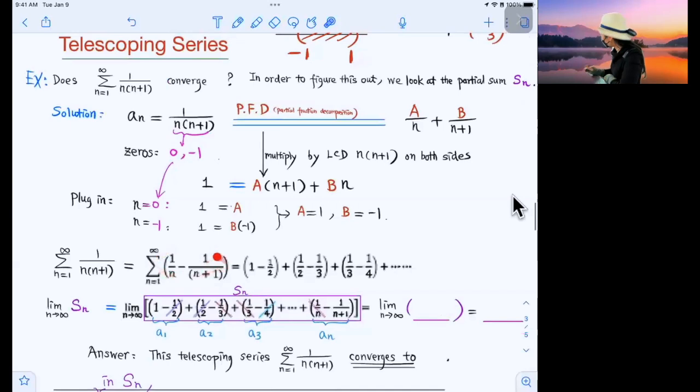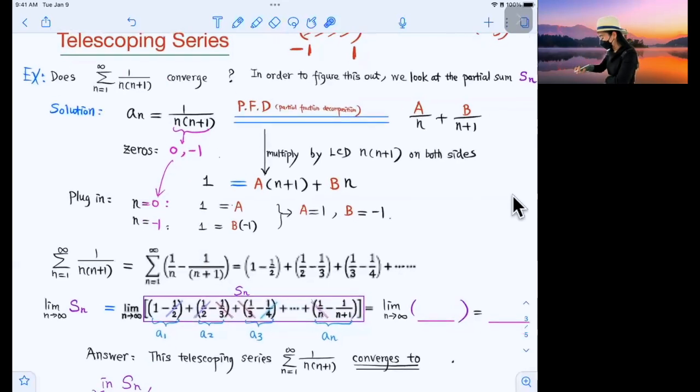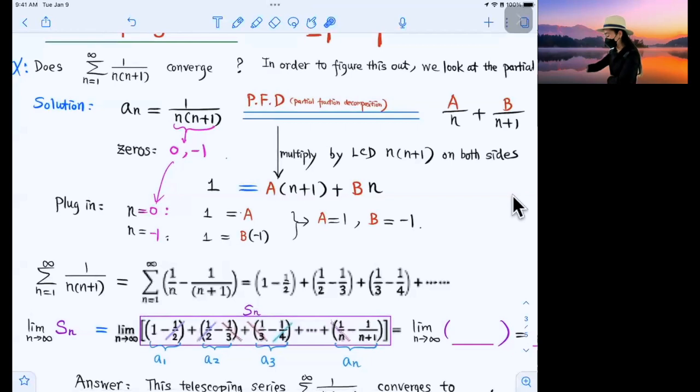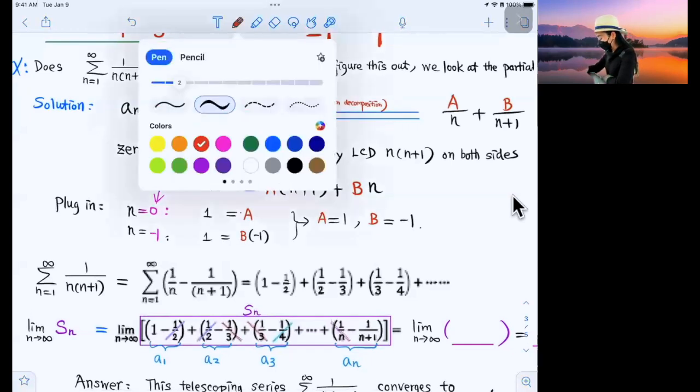Now, after a while, you actually see a pattern. 1 over n subtract 1 over n plus 1. Let's write down the first few terms. The first one over here is A1.